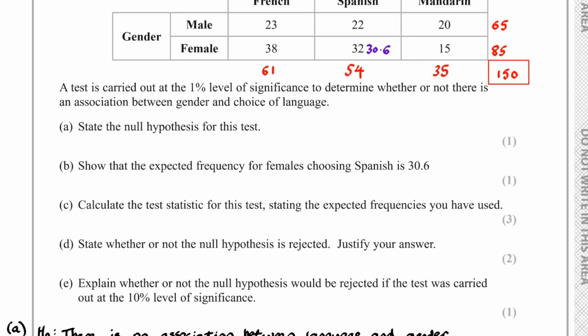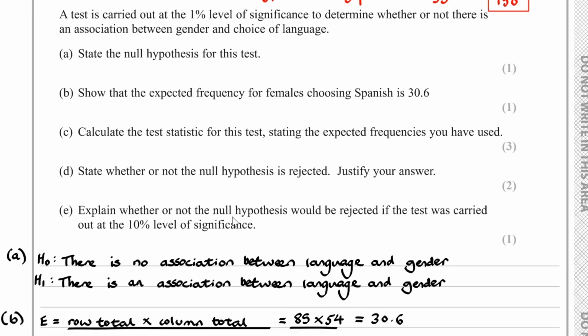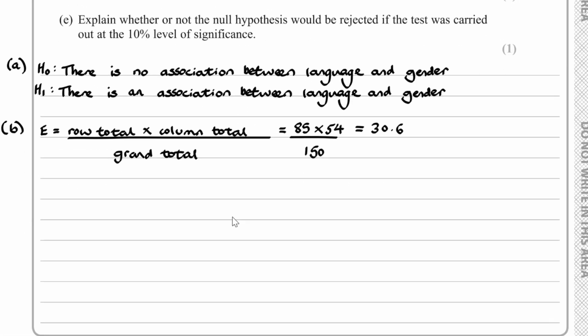Okay, so now for part C, we have to calculate the test statistic for this test, stating the expected frequencies you have used. First of all, the test statistic is given the following definition.